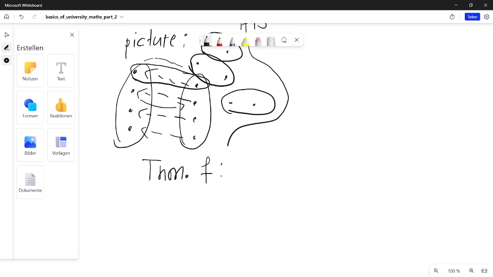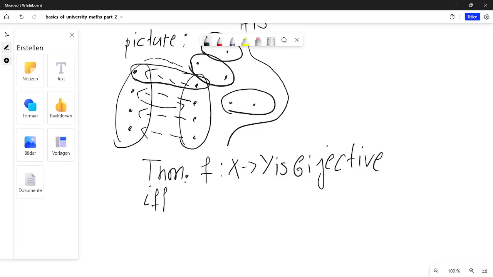Theorem: f is bijective if, call this set F, right?